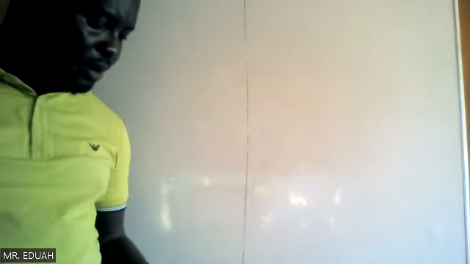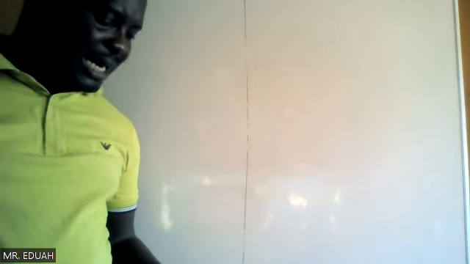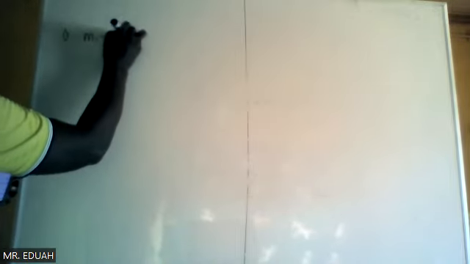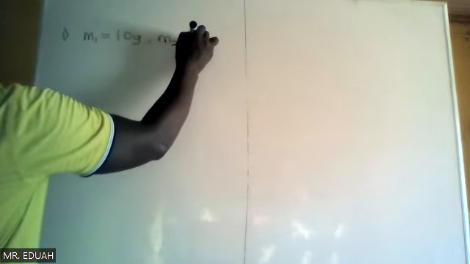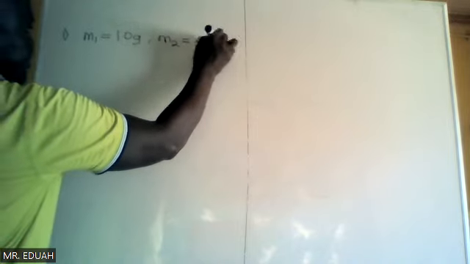Question 1. Two masses, 1 gram and 4 gram, are moving with equal kinetic energies. So, two masses: M1 is equal to 1.0 gram, then M2 is equal to 4.0 gram.